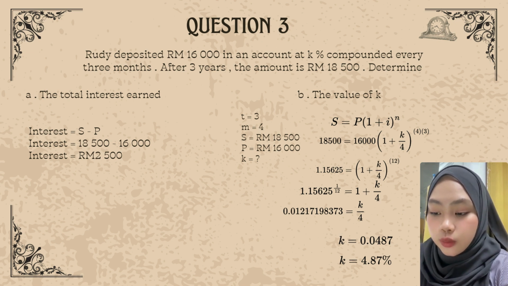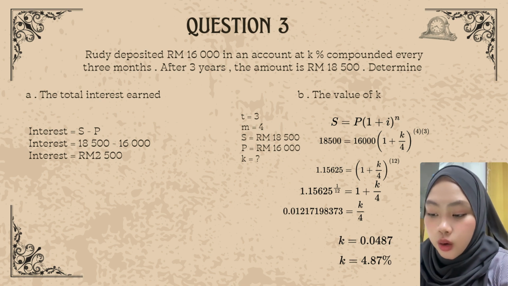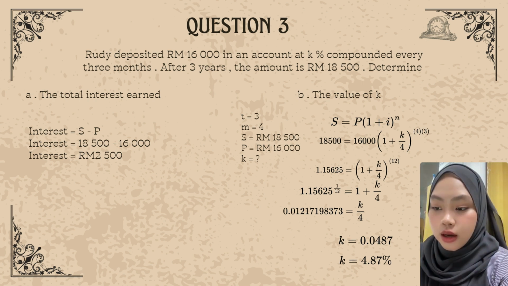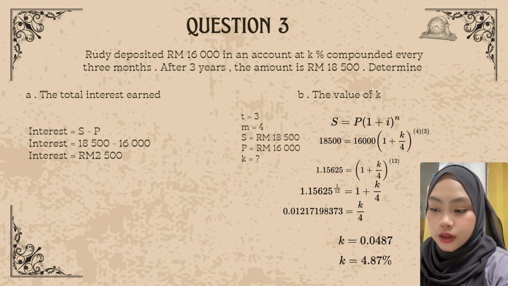Next, we divide both sides by 16,000. This leaves 1.15625 on the left side. Okay, now we take the 12th root of the left side. The result is 1.15625 to the power of 1 over 12. Then, subtract 1 from this number, which leaves 0.01217198373.